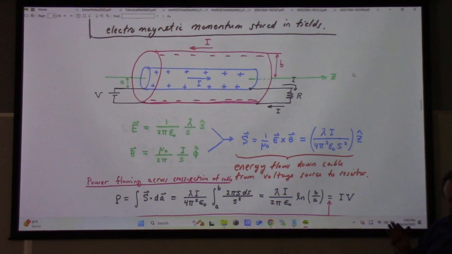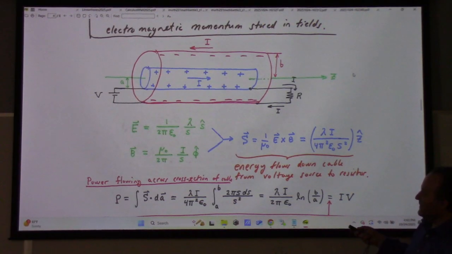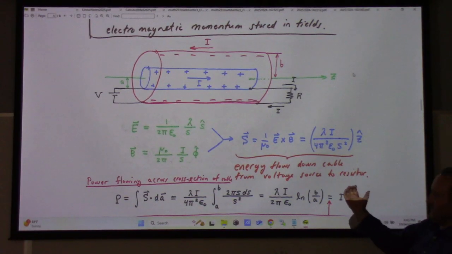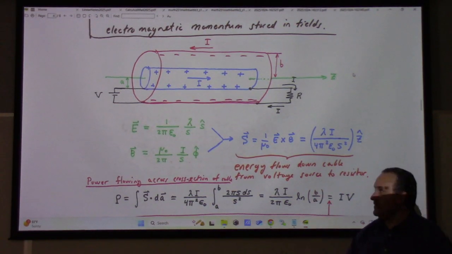This is a bit of a toy model. For the magnetic field, again ignoring finiteness and edge effects, we're assuming it's long enough that there's cylindrical symmetry, so we can write the magnetic field as mu naught over 2 pi times I over s. And of course it wraps cylindrically around like that.